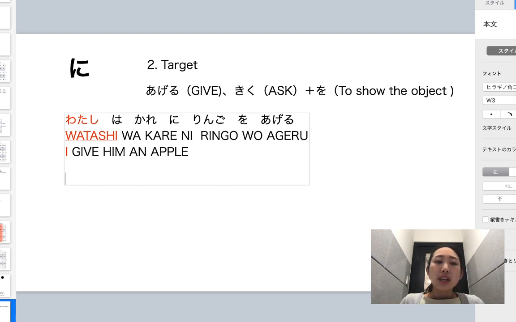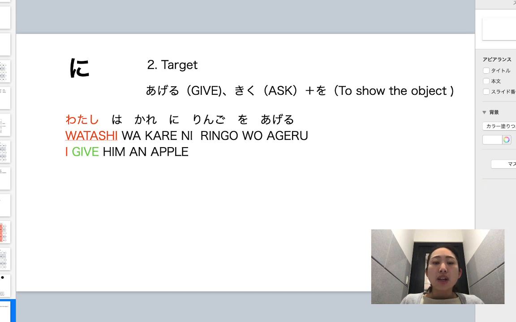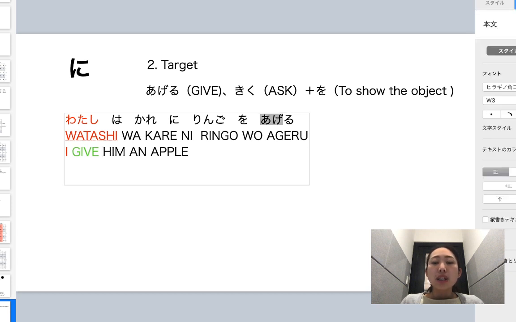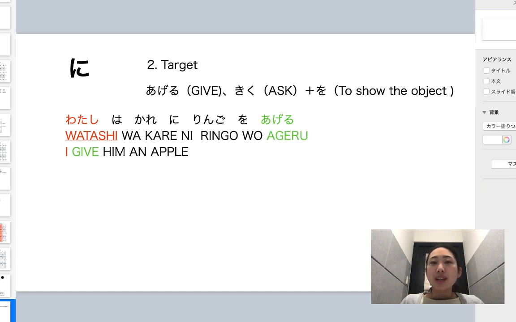The second part in English is going to be the verb, but in Japanese, we put the verb at the very end of the sentence. It's over here. So basically you don't understand what the verb is until you listen to the very last word of the sentence.